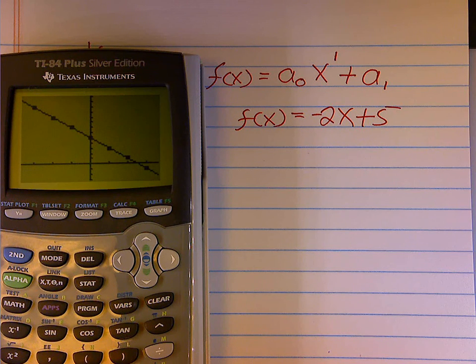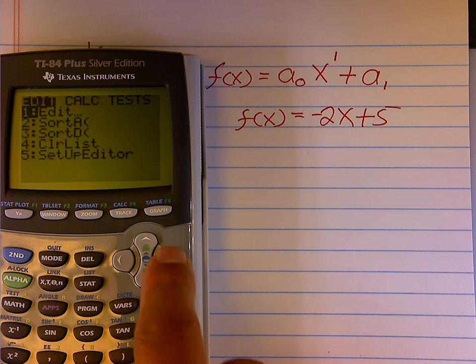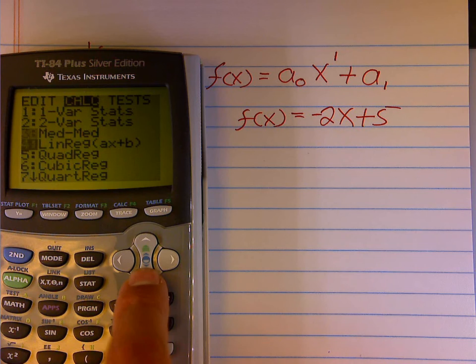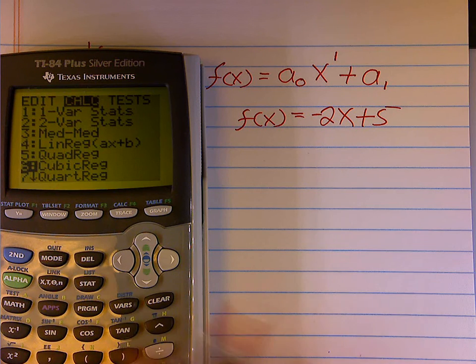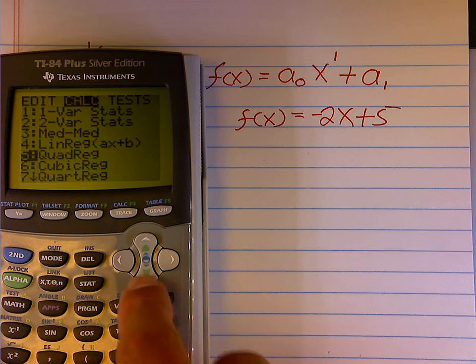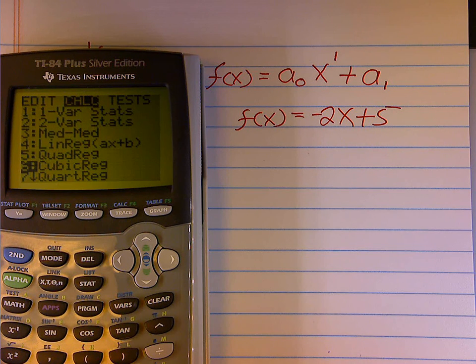Now, let's look at some of the other options under polynomial regression. If you push your stat button and go to calculate, a quadratic regression is also known as a second degree polynomial function. Going on down the list, a cubic regression would be a third degree polynomial function.